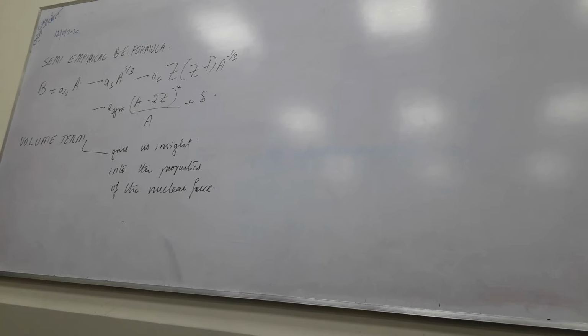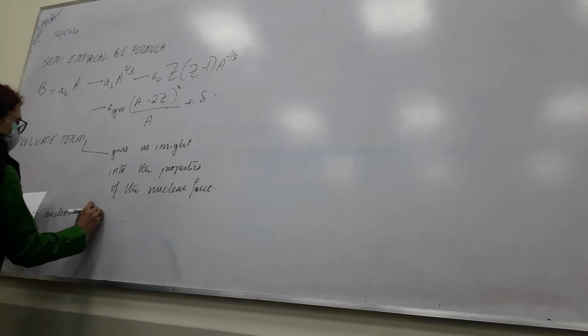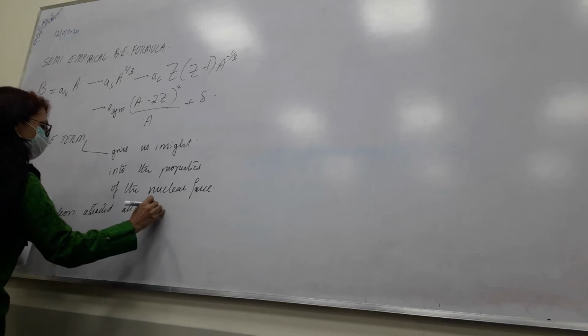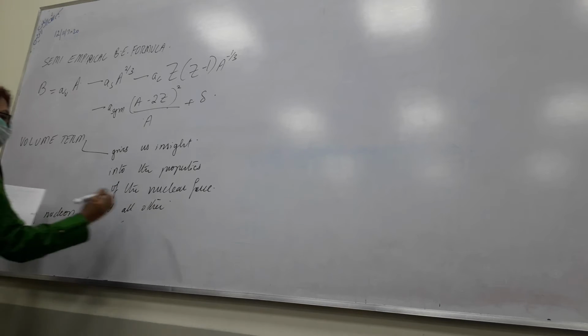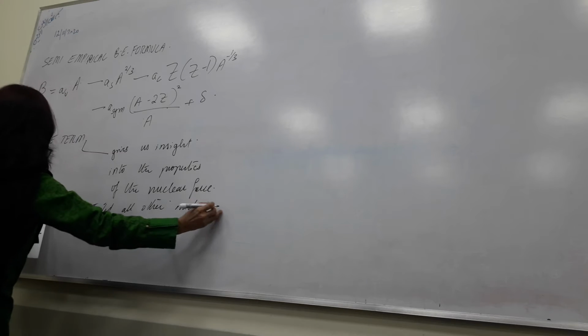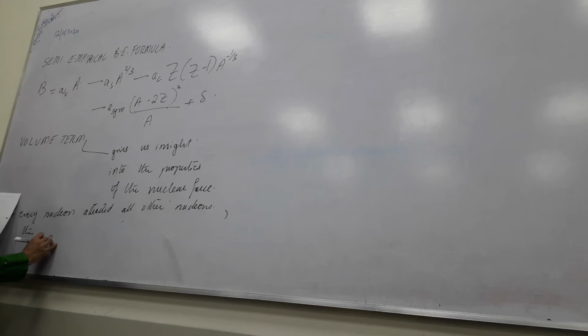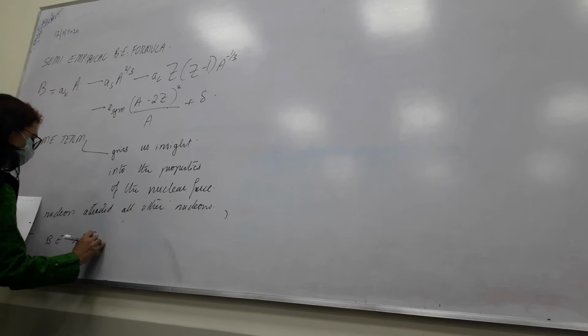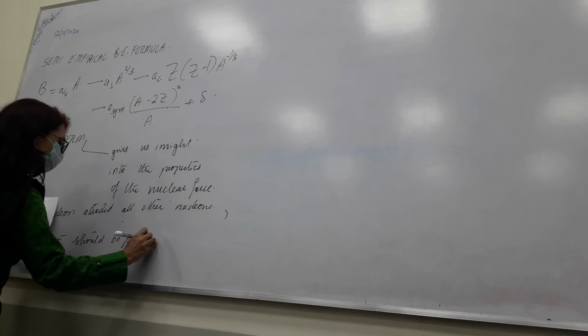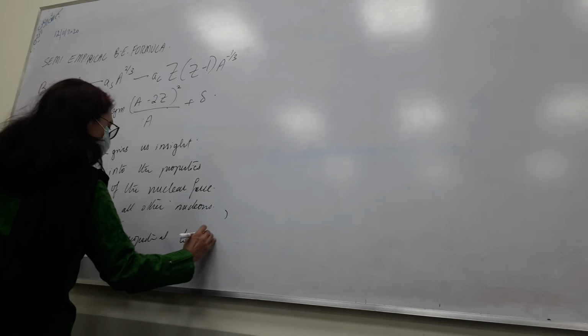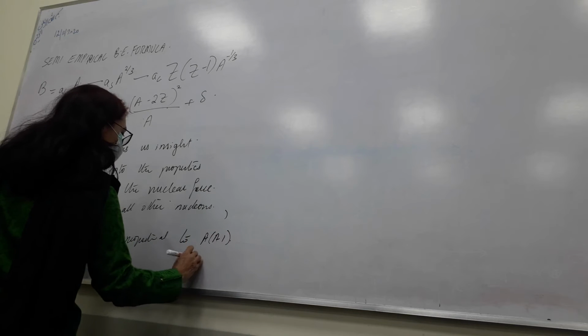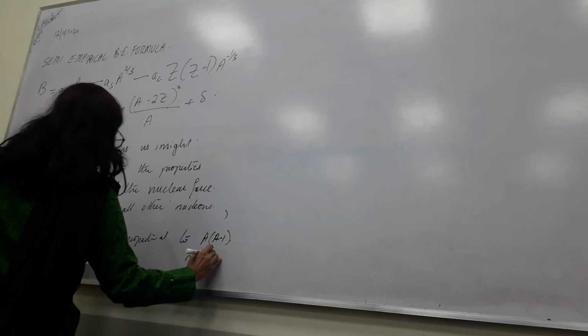Now if these nucleons are particles and they can attract each other, then if every nucleon is attracted, binding energy should be proportional to A into A minus 1, which is approximately equal to A squared.